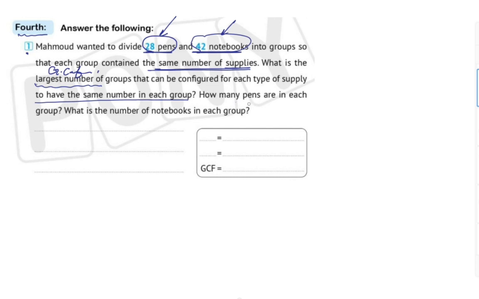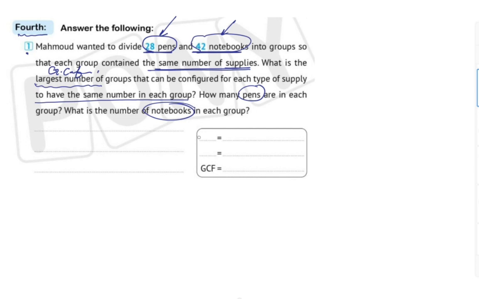How many pens are in each group? What is the number of notebooks in each group? Note with me, this is an easy question. First, I need to find the largest number of groups between these two numbers, that means the GCF.